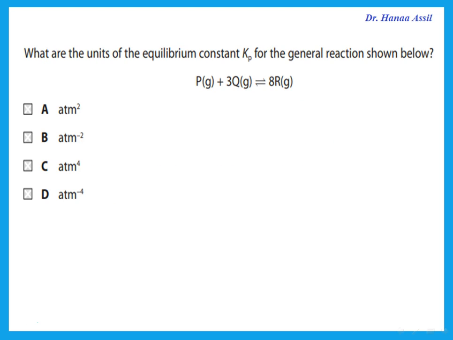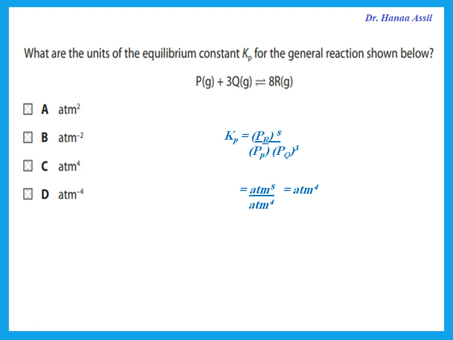What are the units? How do we get units of the equilibrium constants? Well, let's take a look at this. Now, Kp is, for this reaction, I want to write the expression for Kp. Kp is partial pressure of R to the power 8 over partial pressure of P times partial pressure of Q to the power 3. Now, what are the units for each of these? Remember that pressure is in atmospheres.